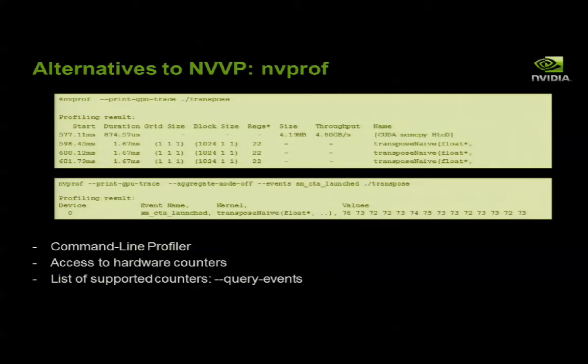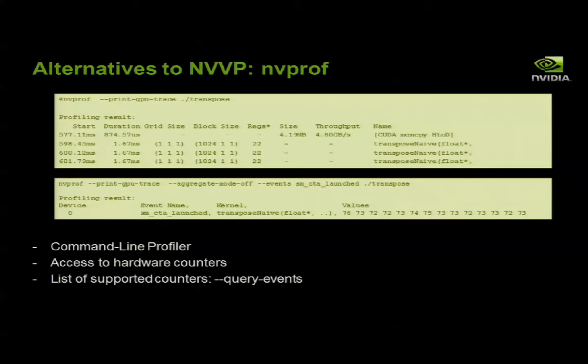So we have to execute the code several times. NVVP takes care of that for you under the hood, so the graphical interface does that. However, in a batch environment, as you have it on 30, that's unfortunately not yet possible. But CUDA version 5.5 is coming out eventually, so there is hope.